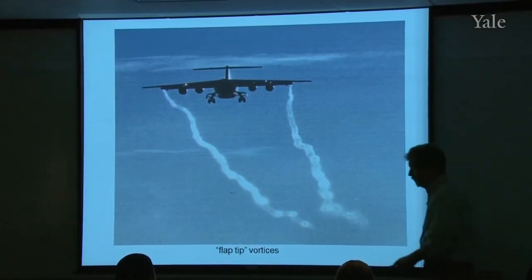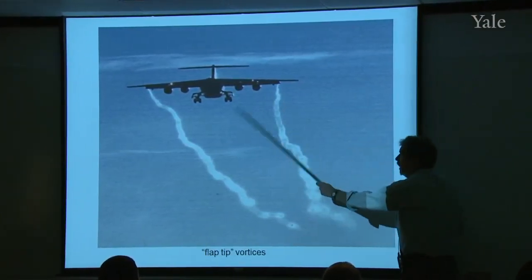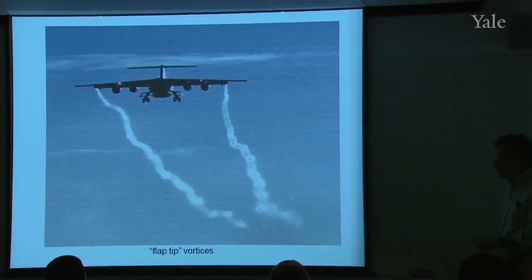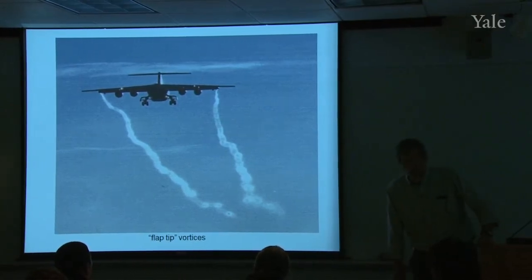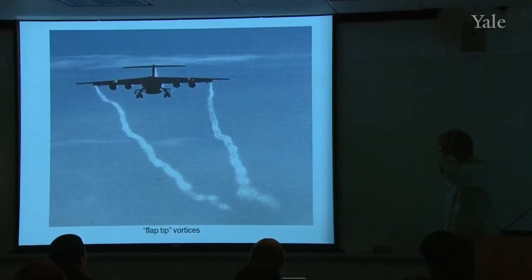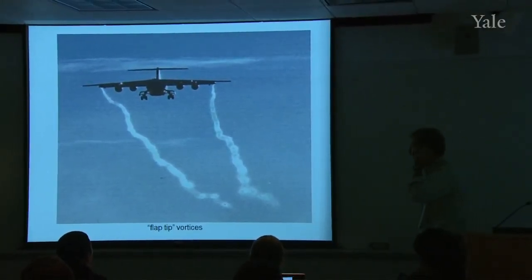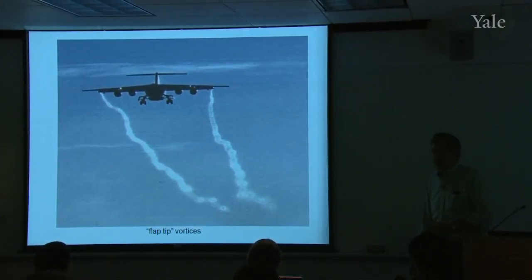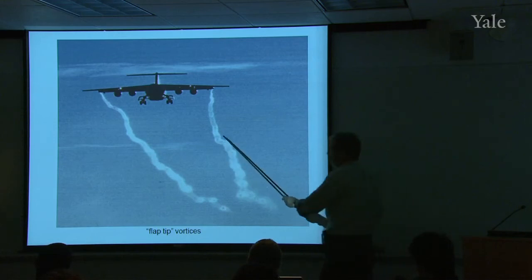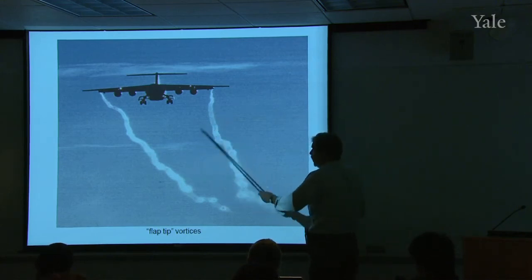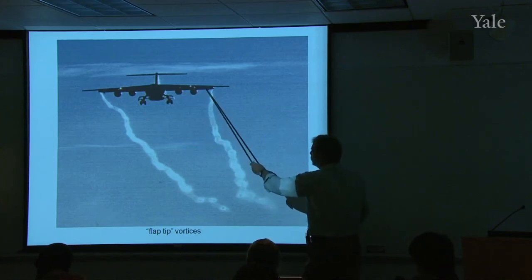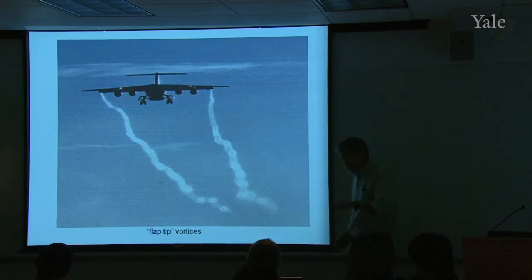Now, pretend you didn't look at that for a moment. And as you first looked at that image, you may say, well, he already showed us that, didn't he? He showed us contrails earlier in the day, but take a closer look at that airplane and where the vortices are coming from. These, not the vortices, these little cloud lines, they're not coming from the engines. Actually, in this case, they're coming from the ends of the flaps.